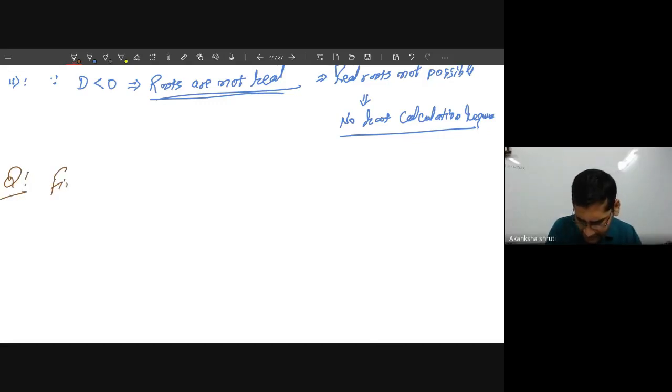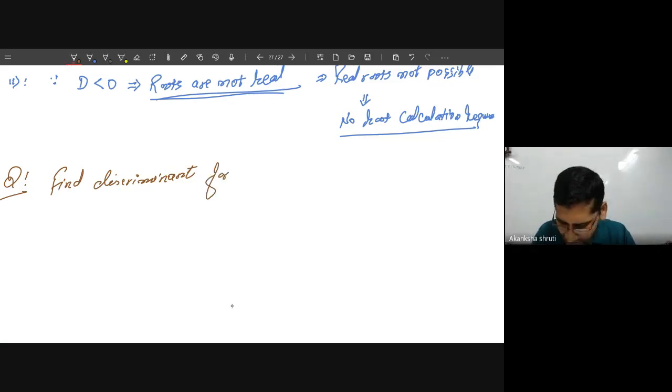So find the discriminant for x minus 1 by x is equal to 3. Here x cannot be 0 because if the denominator is 0 then it is not defined.